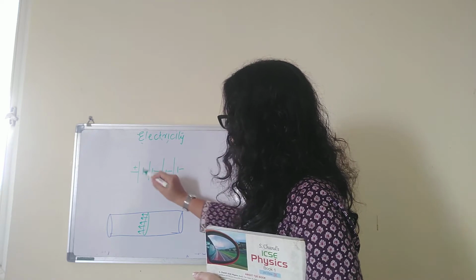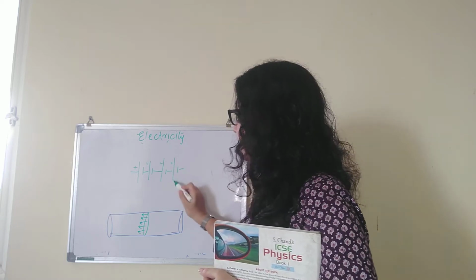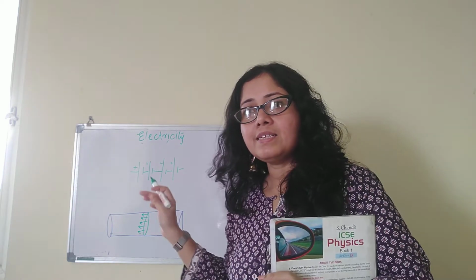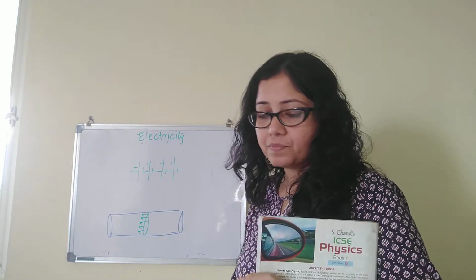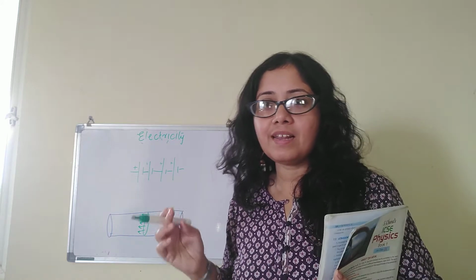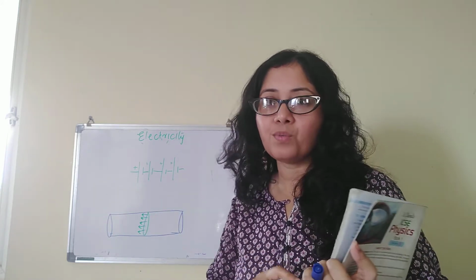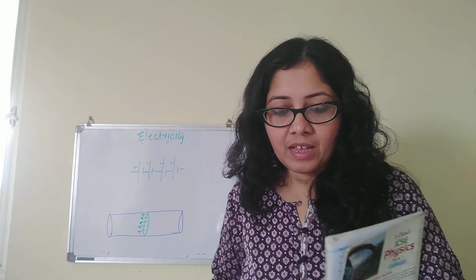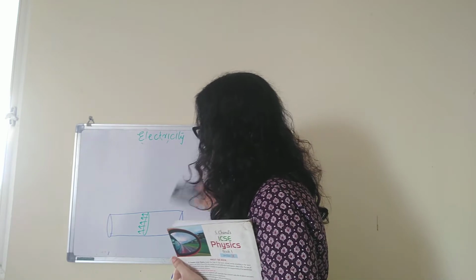So these are 4 cells connected together, and this will be called a battery. Because it's not very easy to draw the cell or the switch every time, we use symbols to make our work easy.